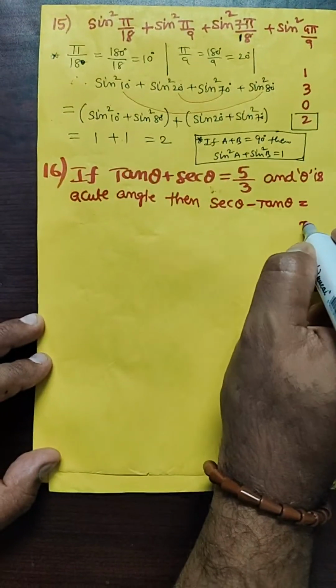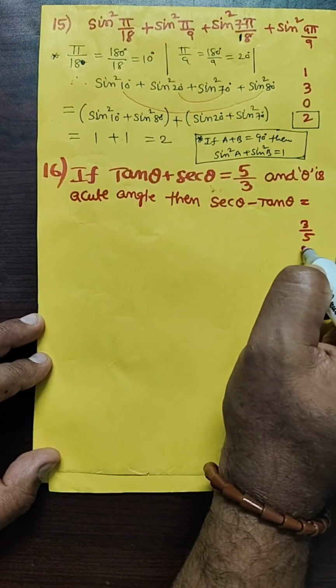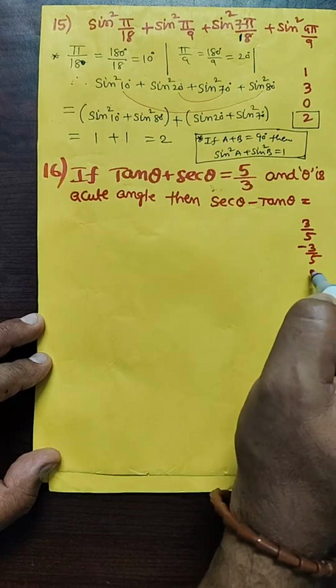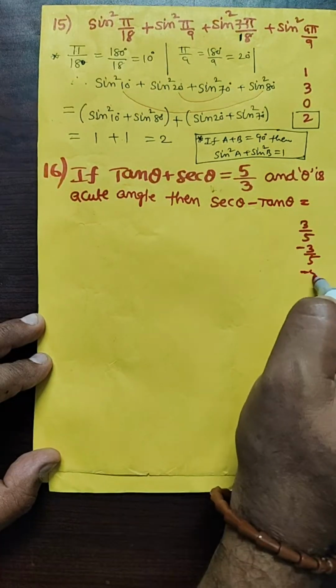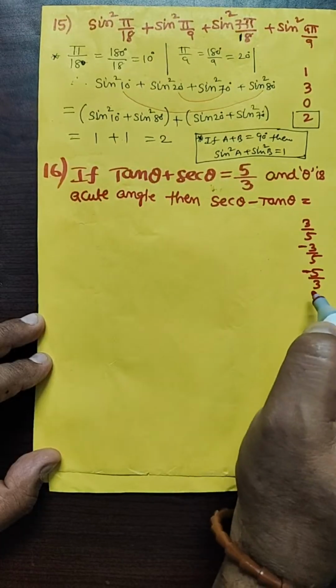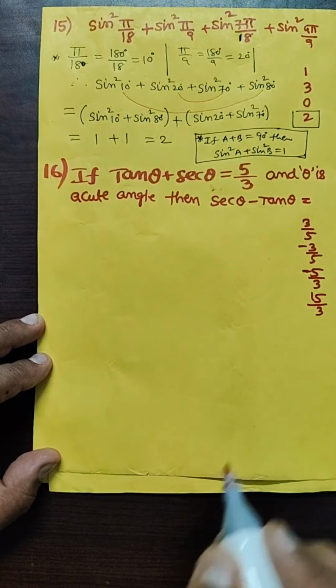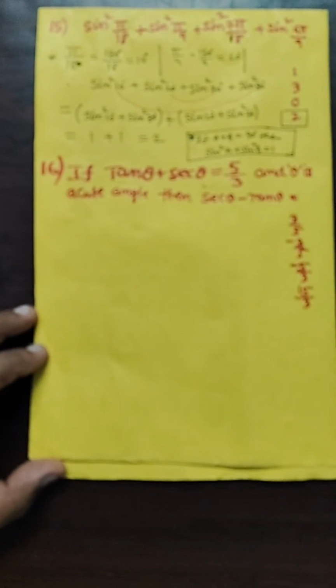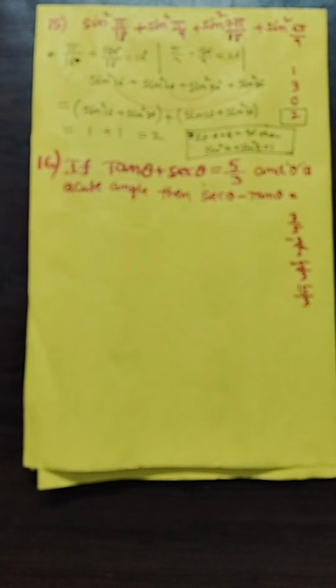The options provided are 3 by 5, minus 3 by 5, minus 5 by 3, 15 by 3. This is such a good question, dear students. You think about it from your side.